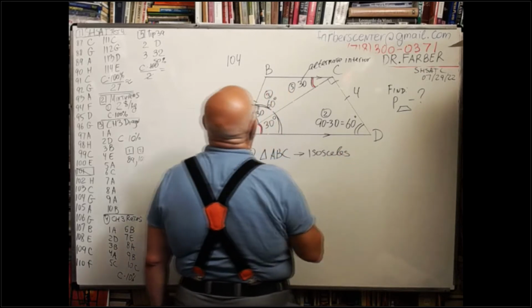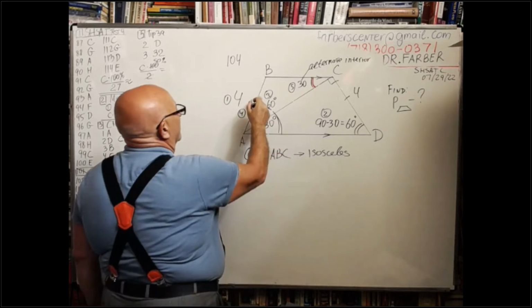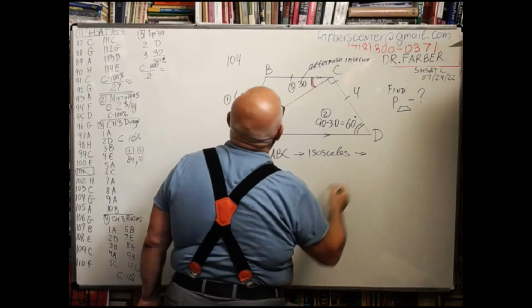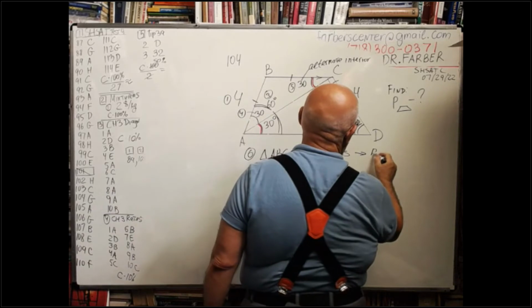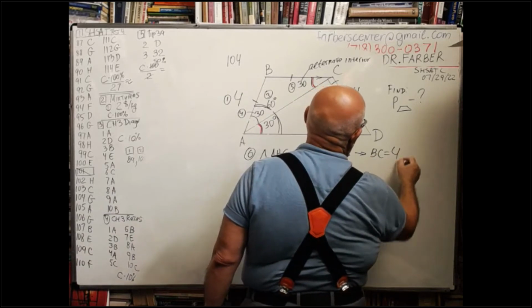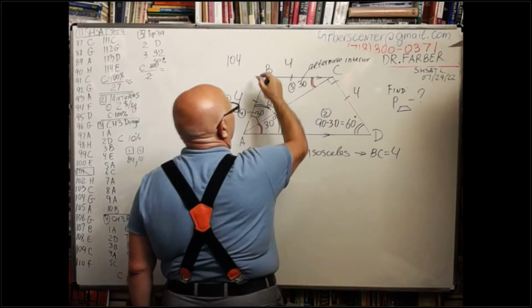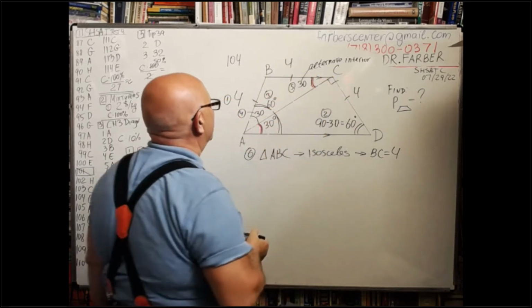Because if base angles are the same, the sides are also the same. So from here, BC also equals 4. Look at this. This and this are the same, since I just proved the triangle isosceles.